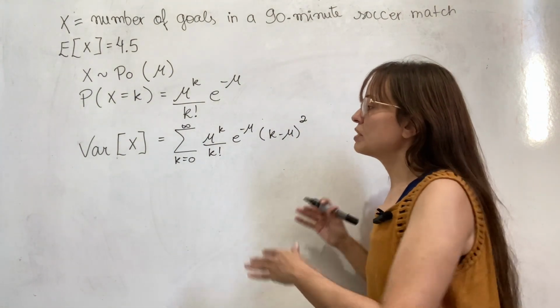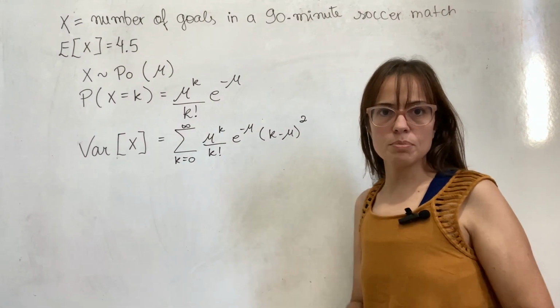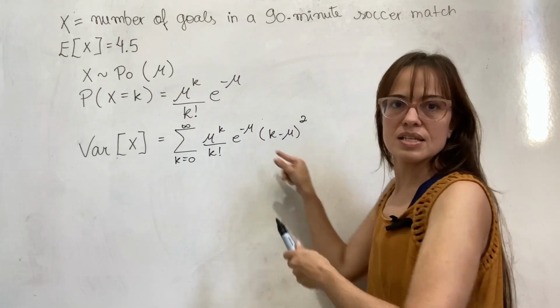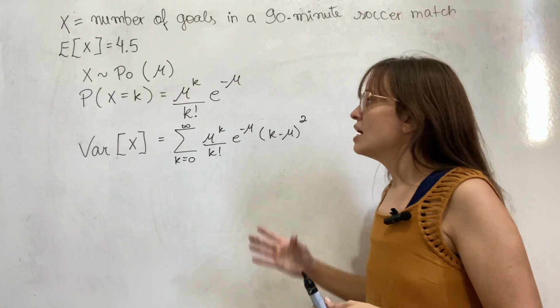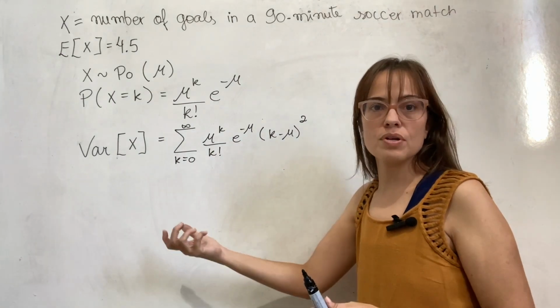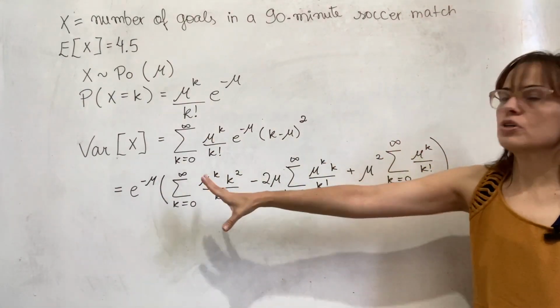I'm going to do that, but as I go to the next line, I'm already going to split it up into 3 sums, because this is going to have 3 terms. So instead of having a parenthesis inside of one sum, I'm going to put one sum for each of the 3 terms. And in each one of them, I am going to take out the things that don't depend on k. The e to the minus mu was the same for all 3, so I just put it out there.